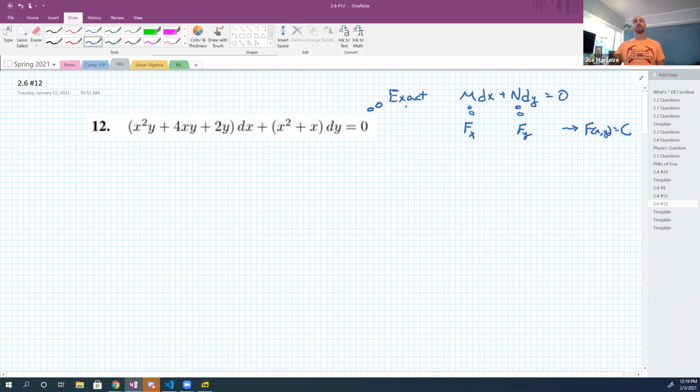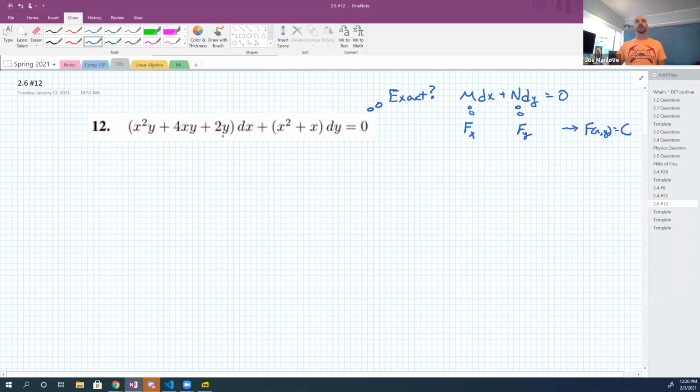So what's the difference between having an exact equation and needing an integrating factor? Their partial derivatives aren't equal. It's just not exact, right? Yeah.